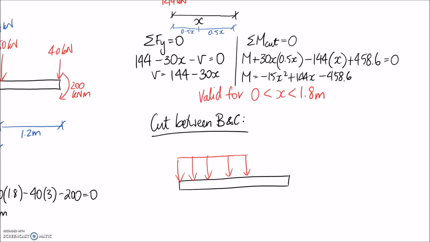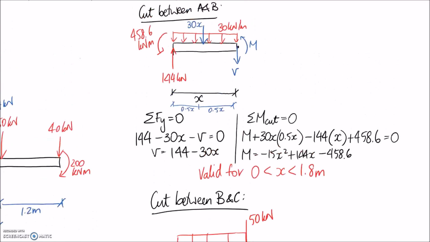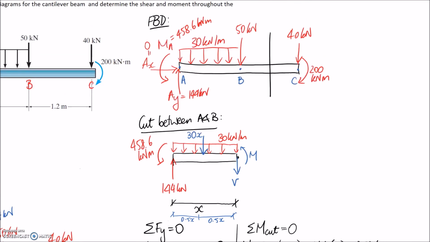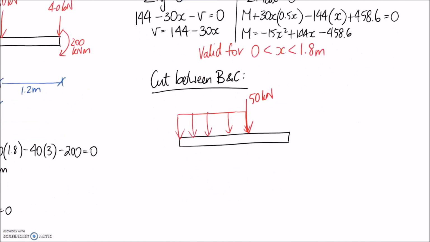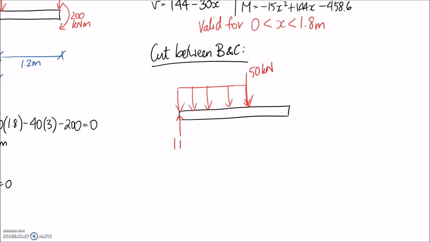We know that we have that point load of 50 kilonewtons as well. And otherwise we've just got these reactions on the end that we need to put in. And this one here was 30 kilonewtons per meter.